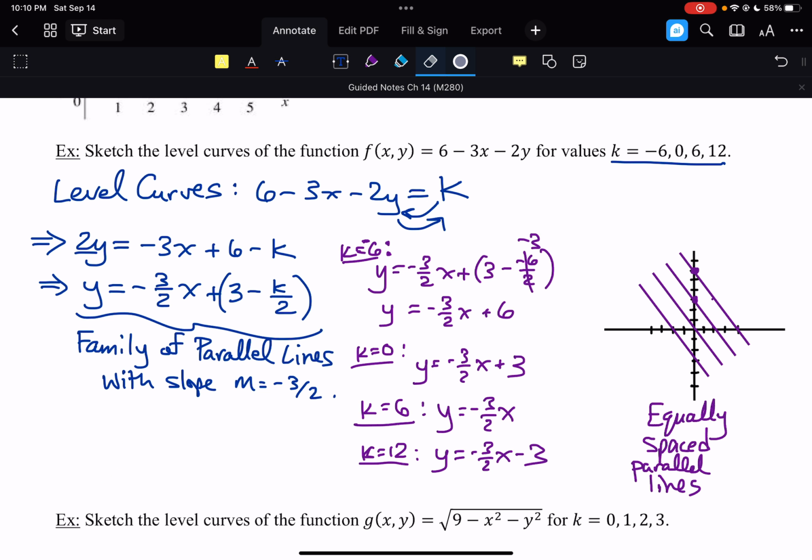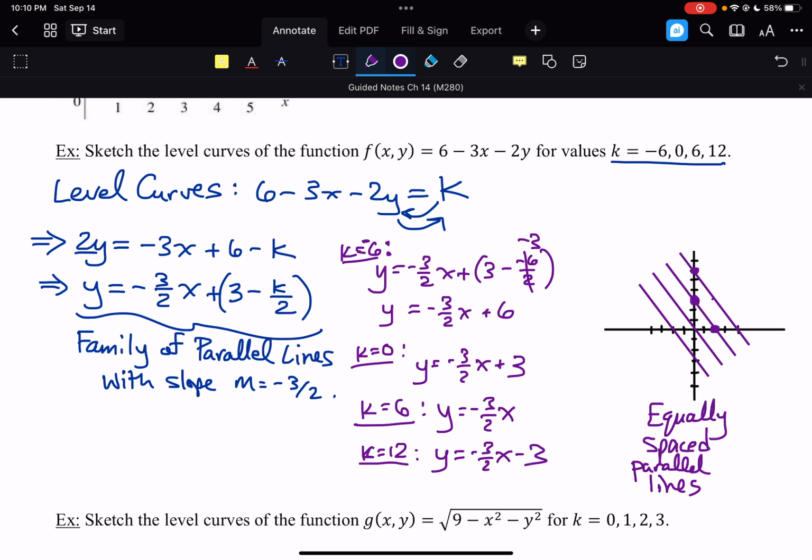And that is something that we have worked with. This equation is one that we have worked with before too. This was the equation of the plane that we graphed a little while ago. Remember, we plotted 2, 0, 0, 0, 3, 0, and 0, 0, 6 up on the z-axis.